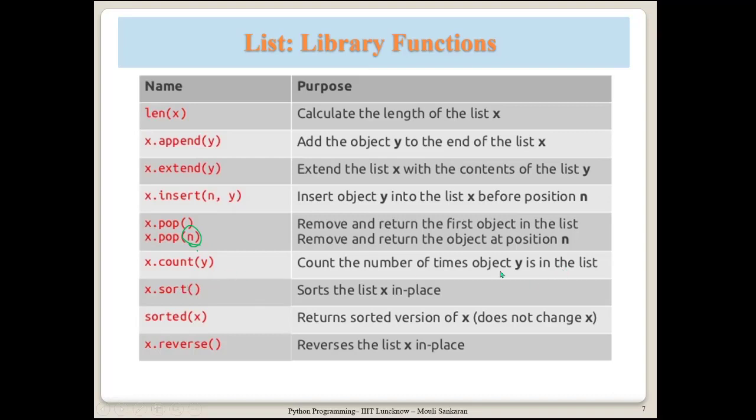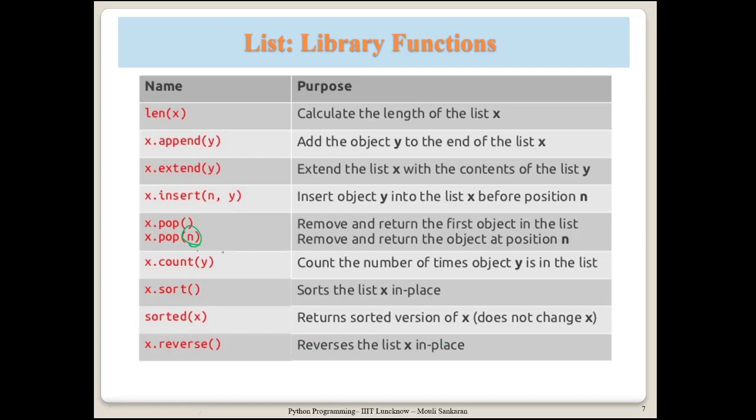Count of y tells how many times an object with the same content is available. Then sort: if you have your own objects inside, you need to provide a function for sorting, your own sort function, to sort them in an order.